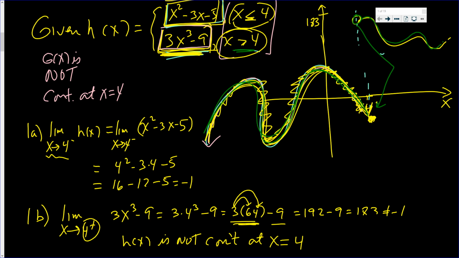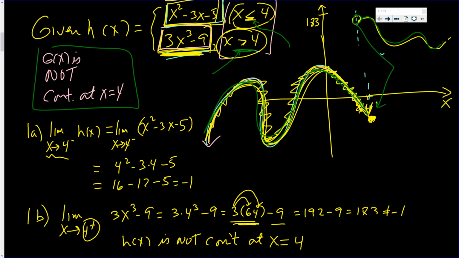This one, when it was g of x, where I didn't have equal to 4 up here, and I don't have equal to 4 in the bottom function, no way is it continuous at 4. But it's continuous everywhere else.